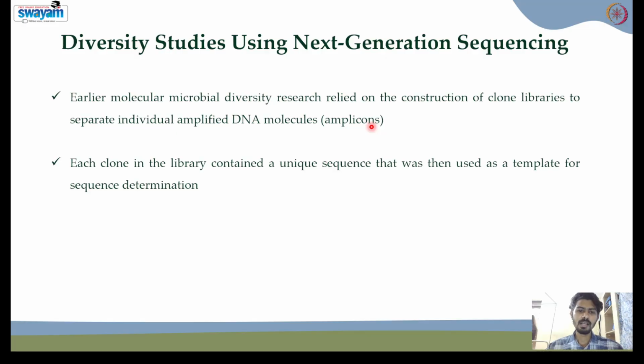So this single step would even take days of time, and it is very costly too. Each clone in the library contains a unique sequence, so that will be used as a template for sequence determination. Earlier this used to take a large amount of time, and we had to spend more money also.